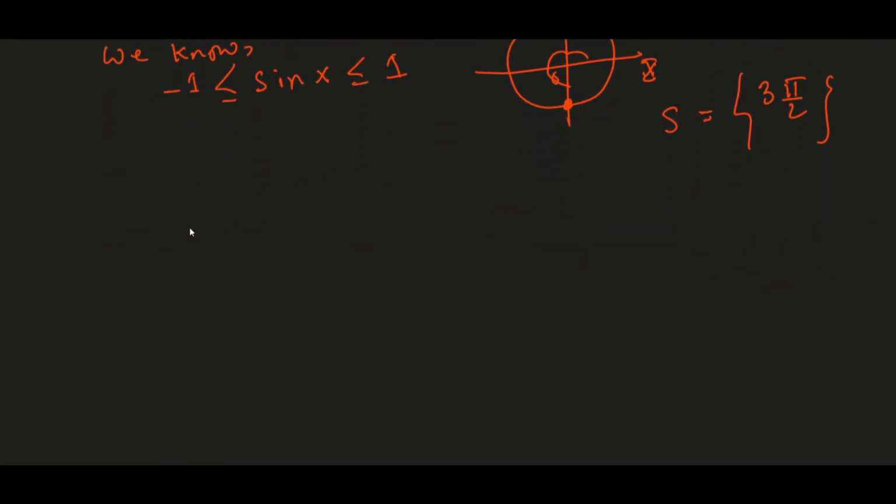For now, our next problem is problem 8. Cosine x times tan squared x minus 3 cosine x equals 0. We can see that on the left side we have one term common in both of these expressions, cosine x.